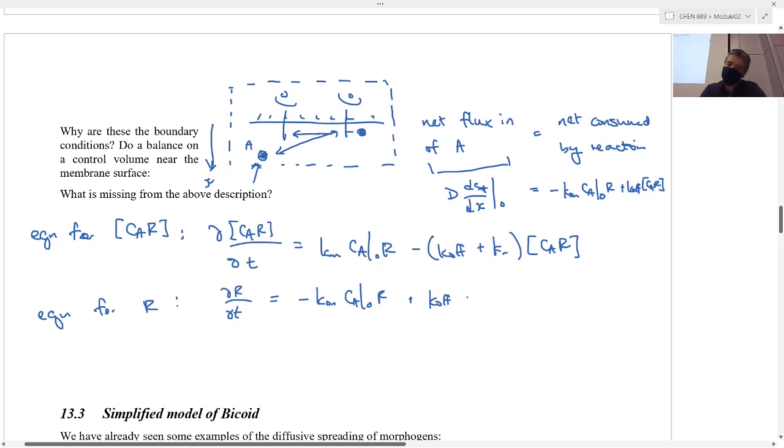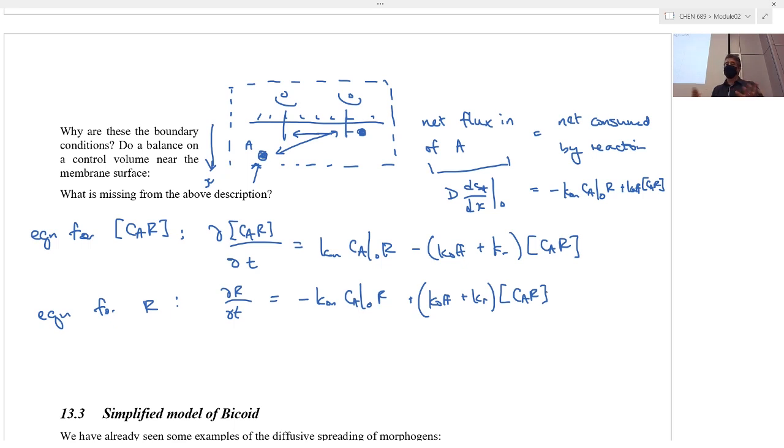Actually, I think this also has a k_r term here, because when CAR is reacted, you get the receptor back again. So these two things are negatives of each other.